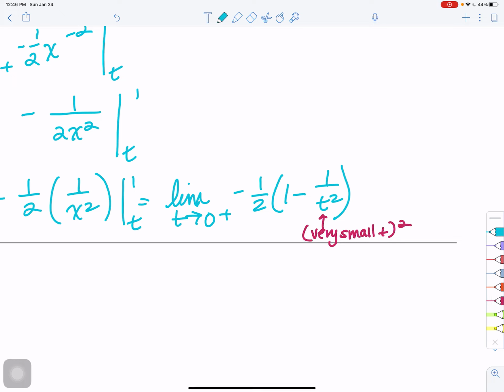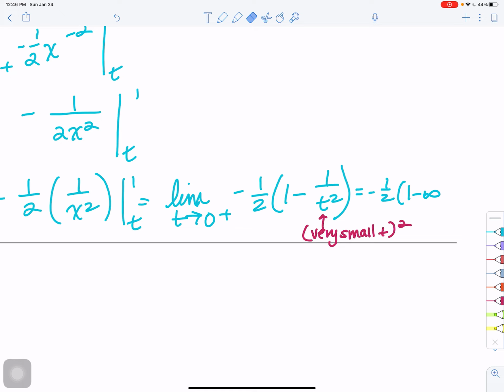So now we're going to have negative 1/2 times 1 minus infinity. You need to have your infinity and negative infinity correct.